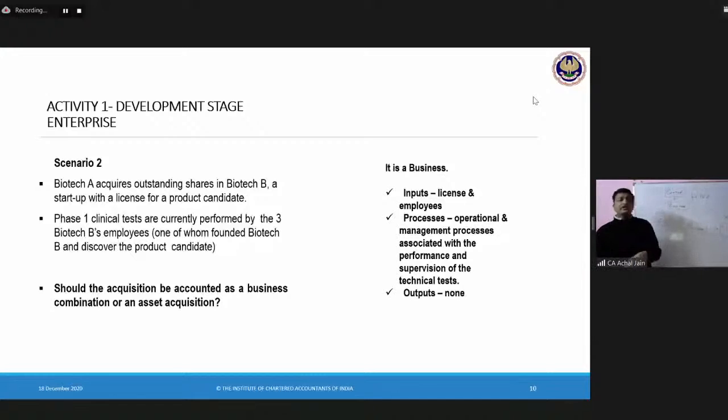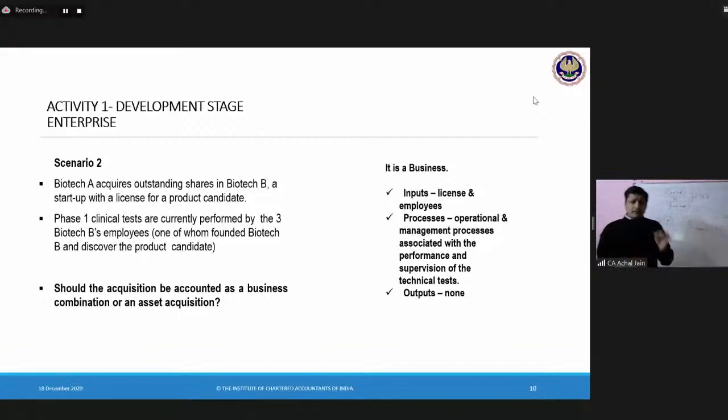We have input in the form of license. We have input in the form of people. Employees are there. And this entity also involves a set of activities. What are those activities? Those are operational and management processes associated with performance and supervision of clinical tests which are going on. So there's definitely a process.